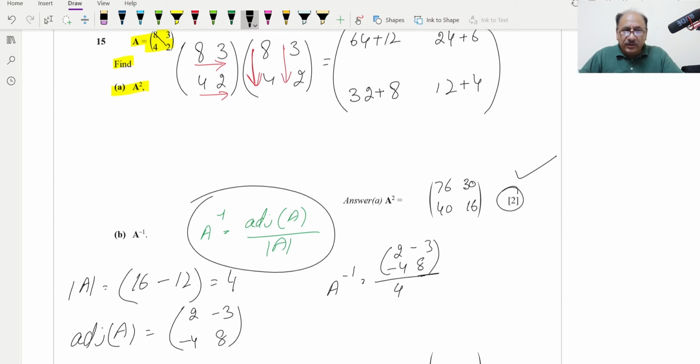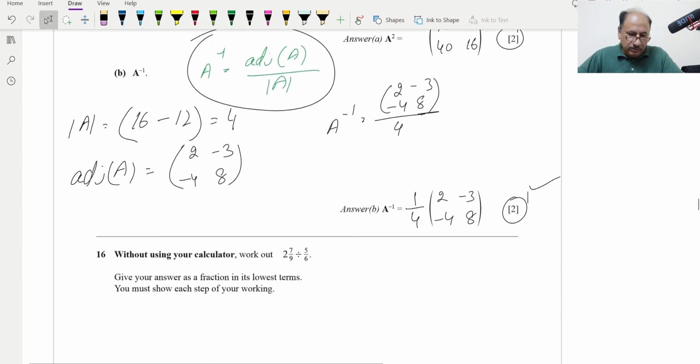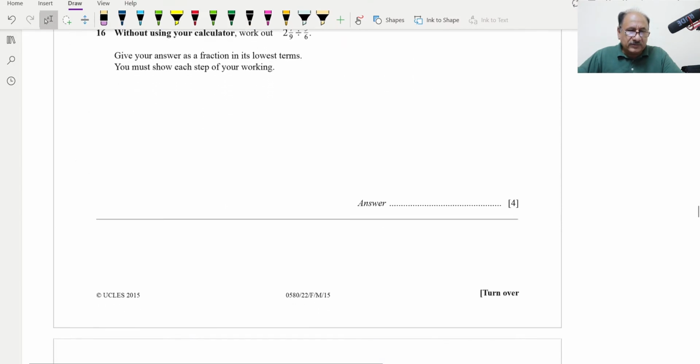And the final answer will be what? Final answer we can provide over here, 1 by 4 and 2 minus 3 minus 4 and 8, and this is also done. Now we can move to question number 16.